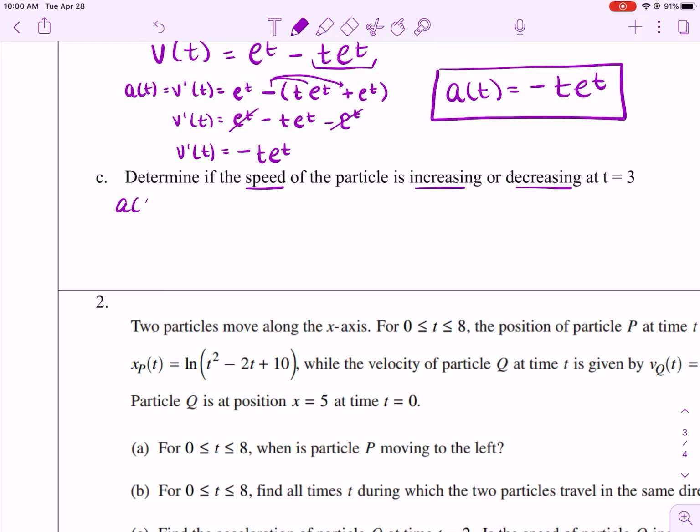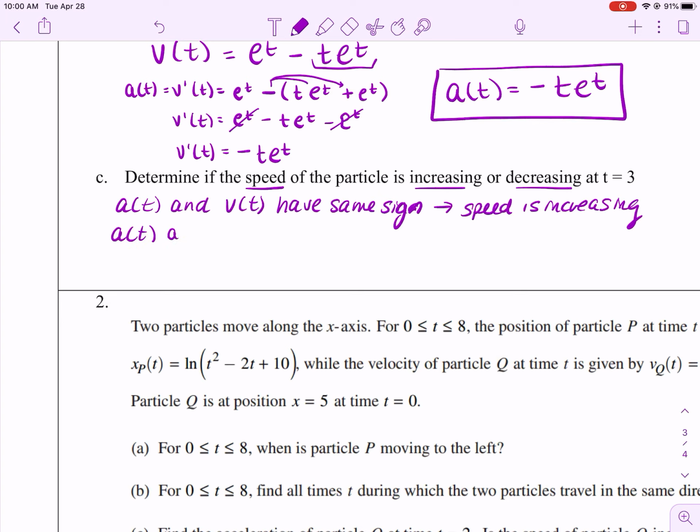So if a of t and v of t have the same sign, that's going to mean that your speed is increasing. If a of t and v of t have different signs, that's going to mean that your speed is decreasing.